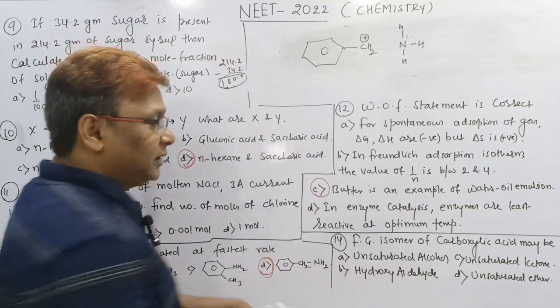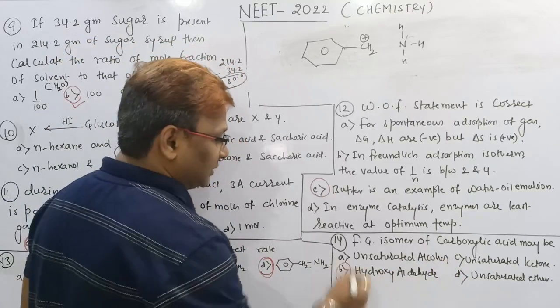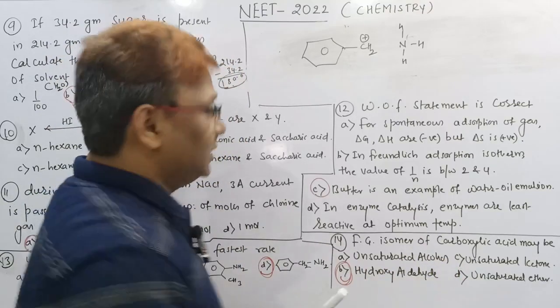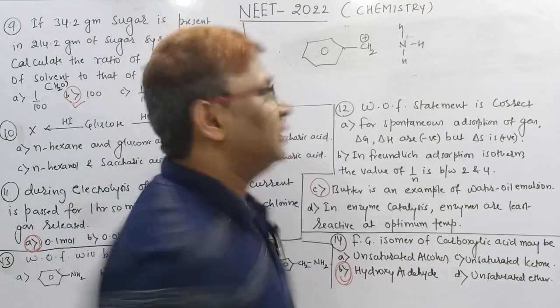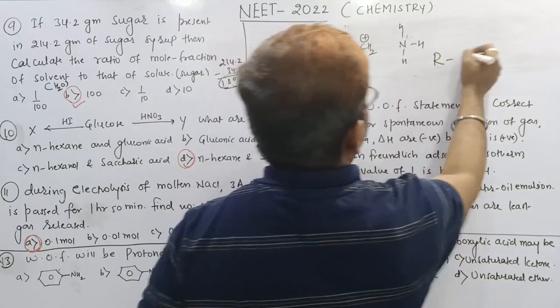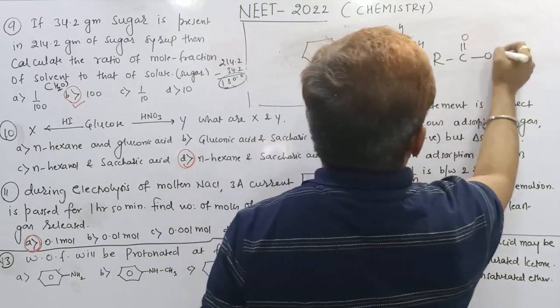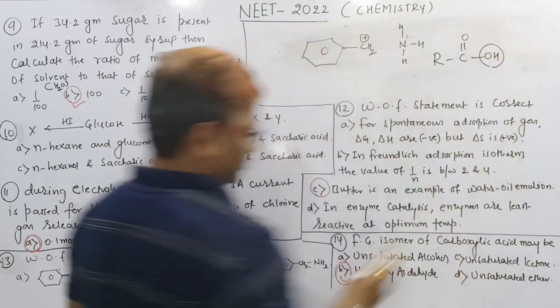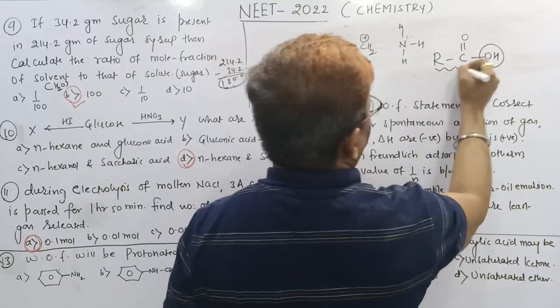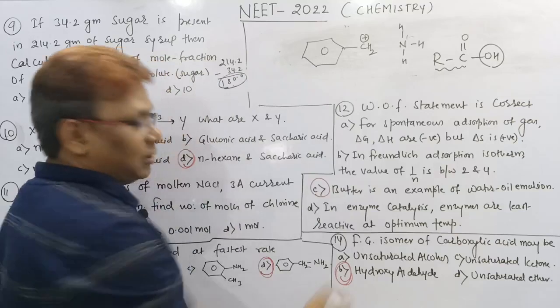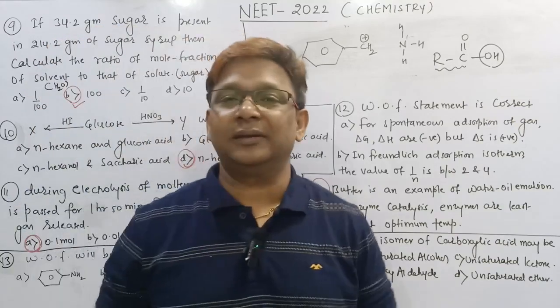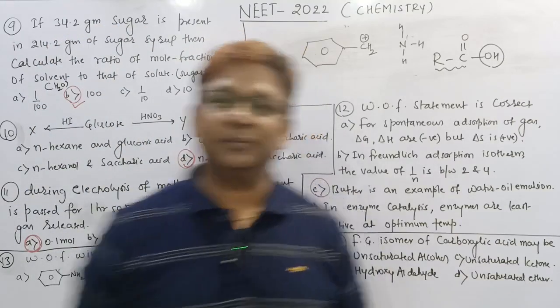You know better, carboxylic acid functional group is nothing but the hydroxyaldehyde, because carboxylic acid we write in the form of RC double bond OOH. OH is the hydroxy, beta, and this RC double bond O is the aldehyde. So option B will be correct here, right? Please take a screenshot.